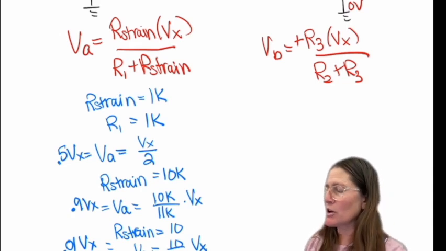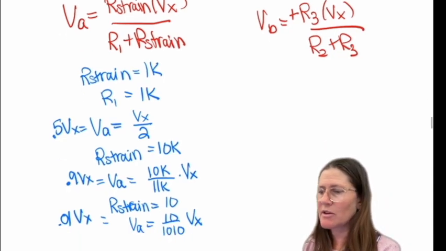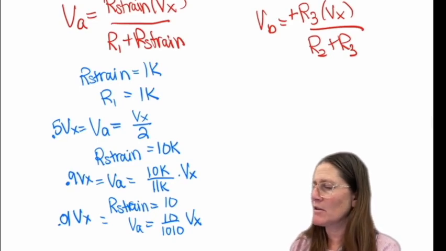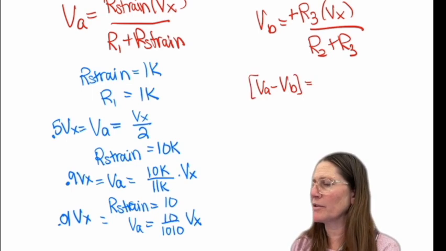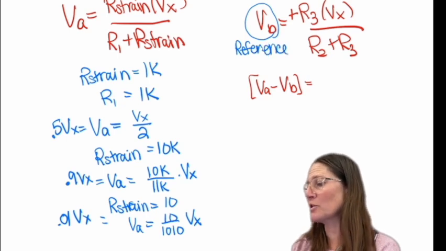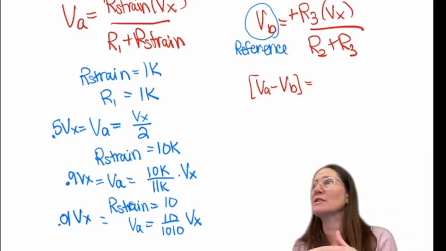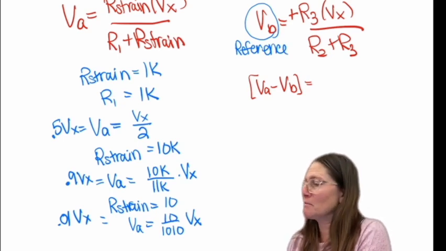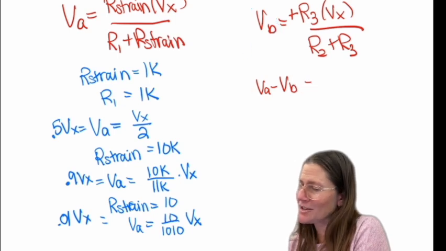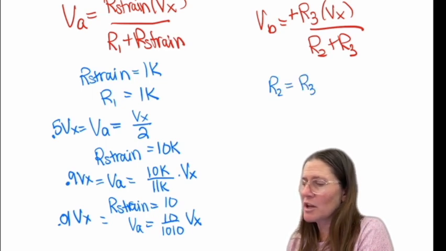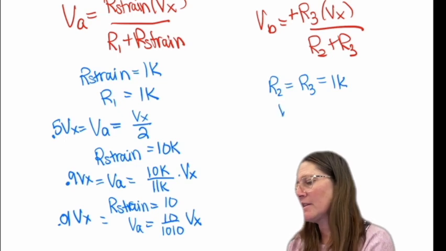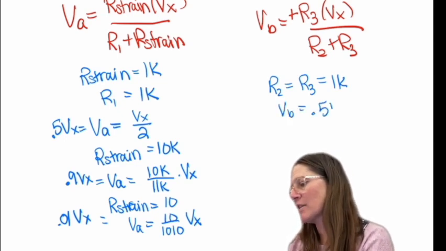If R2 and R3 are fixed numbers, and I take VA minus VB, this is going to give me a reference voltage to compare to. Let's set R2 equal to R3 equal to 1K. Then we know that VB is 0.5 of Vx.